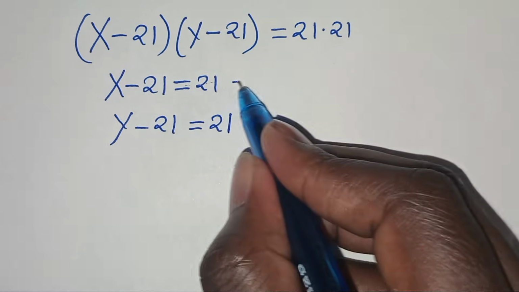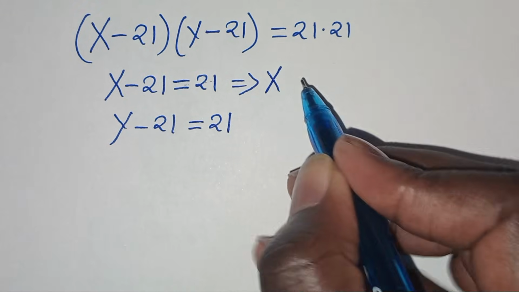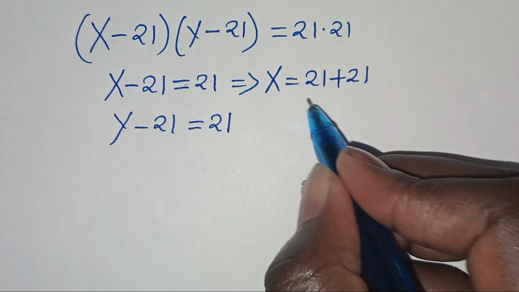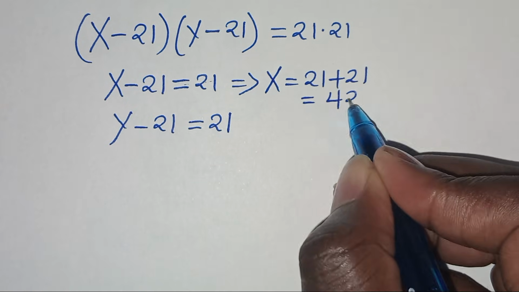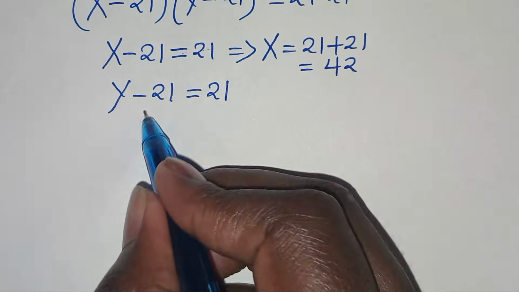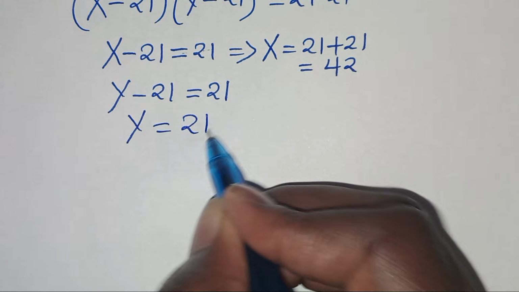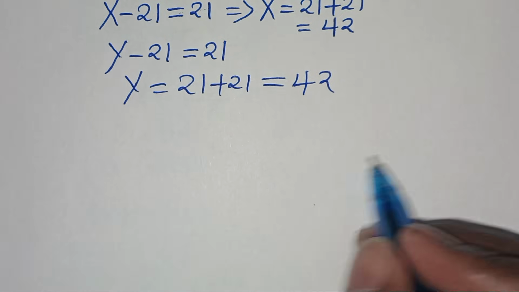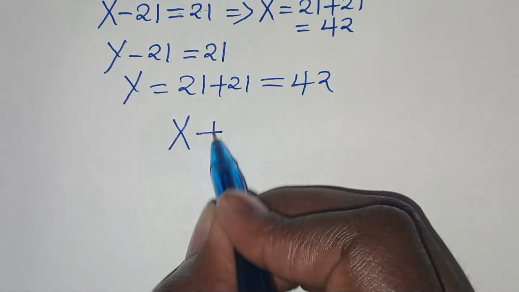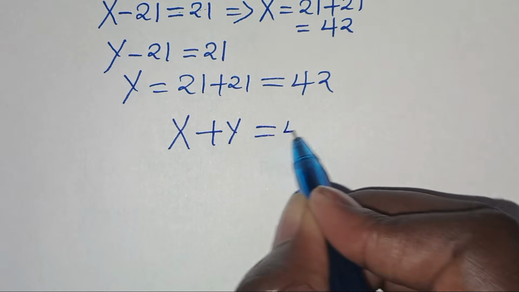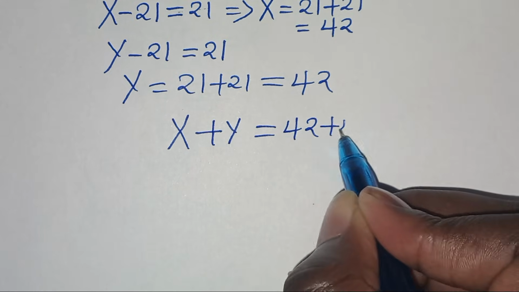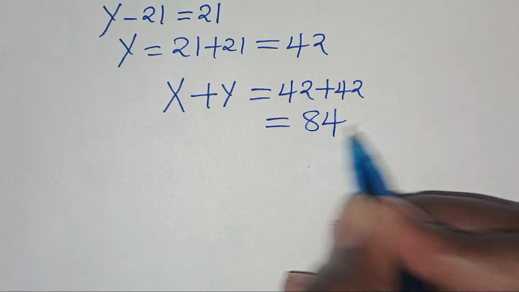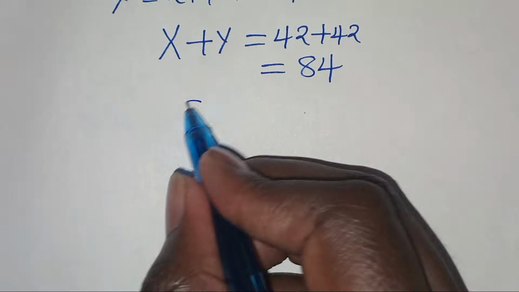Now we can establish that x is equal to 21 plus 21, which is 42, as well as y equal to 21 plus 21, which is 42. So x plus y is 42 plus 42, which is equal to 84. Now let's proceed to case 4.